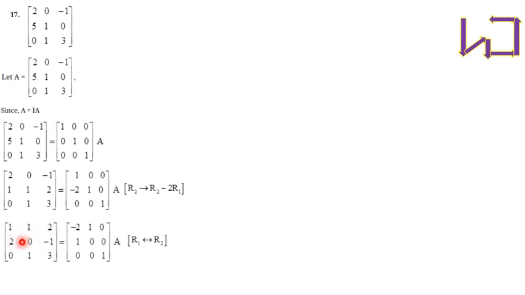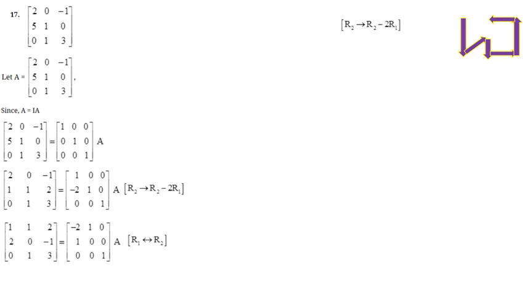Then 2, 0, minus 1: R1 will come here as R2, 2, 0, minus 1. And R3, 0, 1, 3 remains the same. Here also R1 and R2 will change. That is minus 2, 1, 0 will come here as R1. 1, 0, 0 here will come here as R2. R3 remains the same, 0, 0, 1.